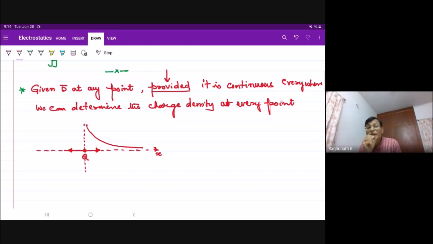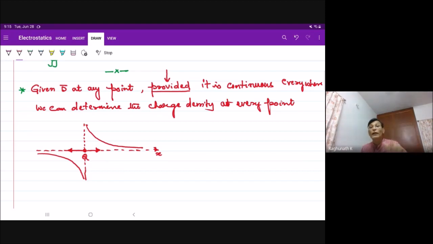And at d tending to 0, Q by 4 pi d squared is infinity in magnitude. To the left, it will be like this. I want you to know this because in critical examinations, at higher level examinations, they can always bring this as a point in the question.